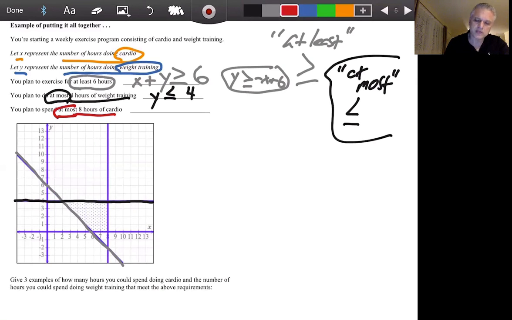So cardio is X. We just said at most is less than or equal to, and that's going to be 8. So the boundary line of X equals 8 is going to be a vertical line. It's going to be this line right here.